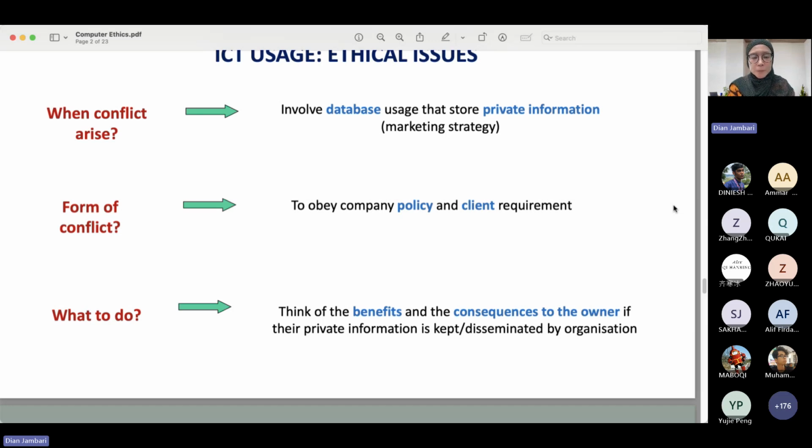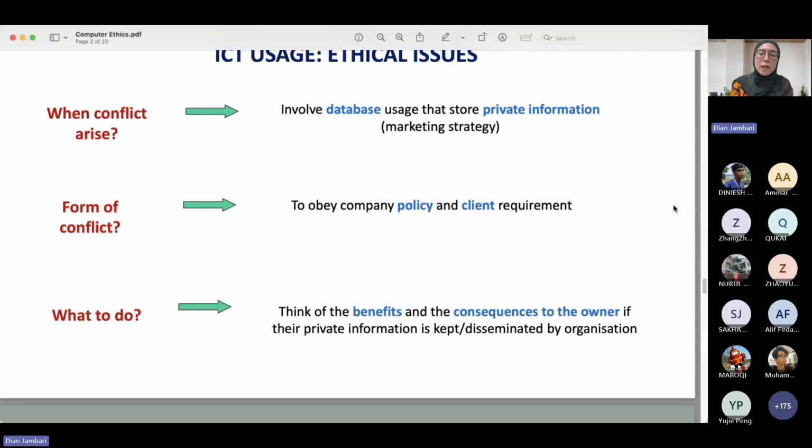The common practice of IT professionals in this conflict is first and foremost to think of the benefits and consequences from the owner's point of view, and the action they can take, as a remedy to maintain ethics, is to ask for permission for the use of it for other uses.